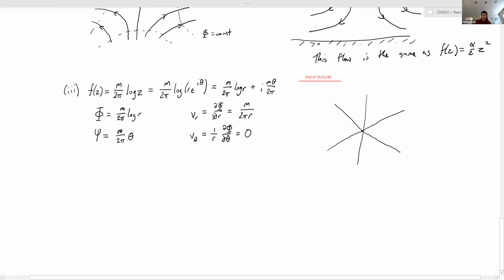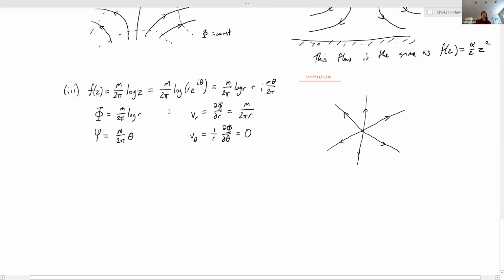If m happens to be positive, then we have V_r greater than 0. And so we have things coming out of some source at the origin, right? The lines of constant potential are where this is equal to some constant, and therefore log r is equal to some constant.